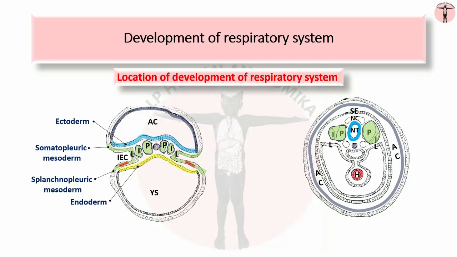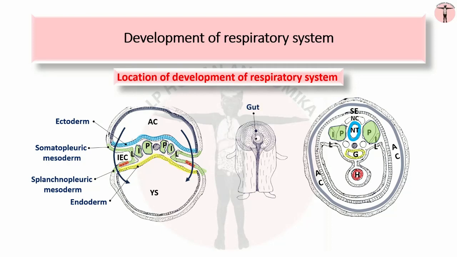In the fourth week, with the folding of the embryo, the three layers fuse to form a cylinder which gives the shape to the embryo. The endoderm fuses to form the primitive gut.